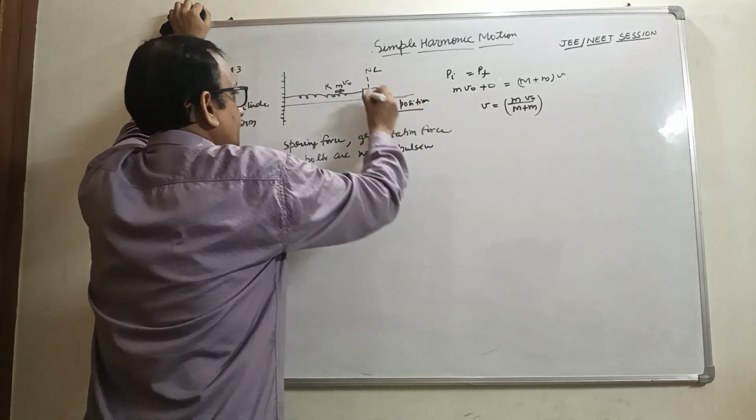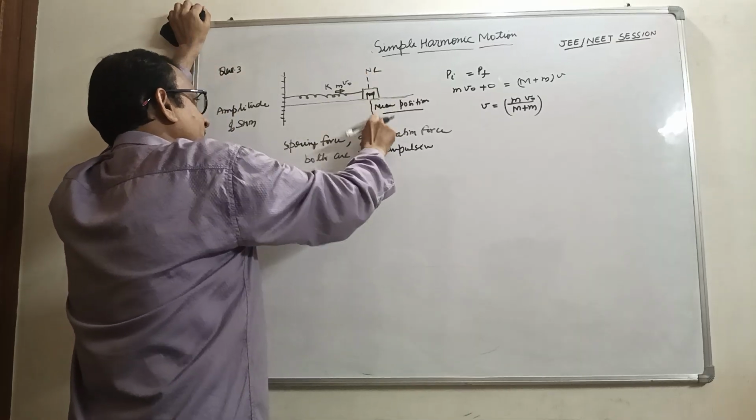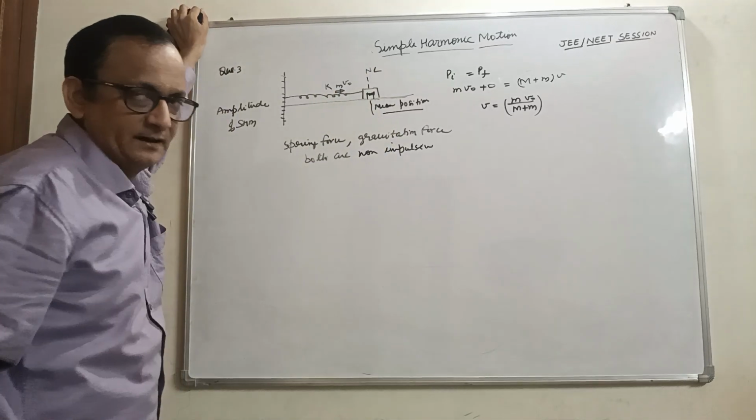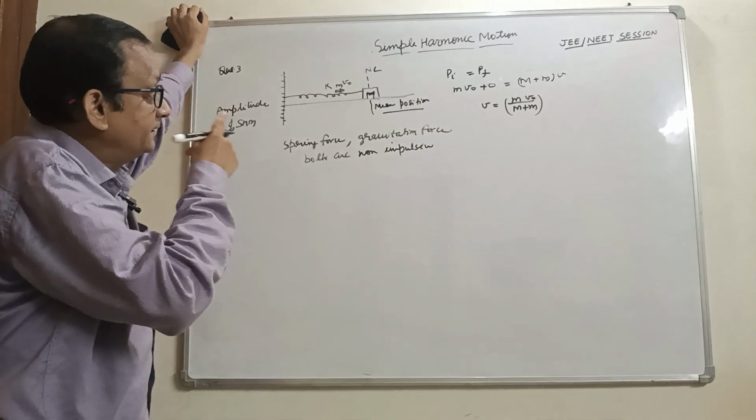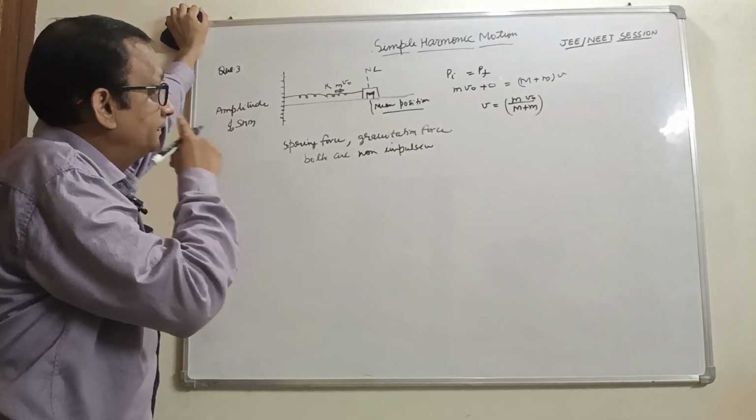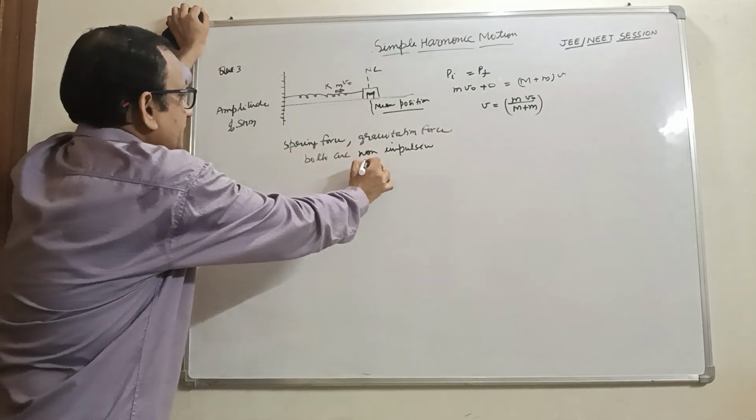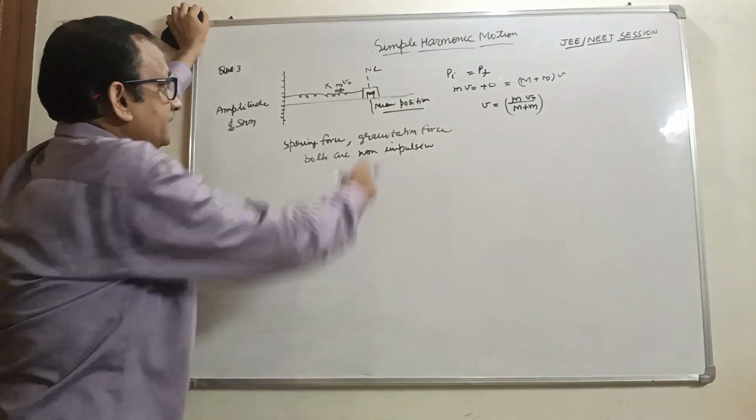Means this is the equilibrium position. This natural length would be the mean position of the mass, because the spring force is a non-impulsive force.